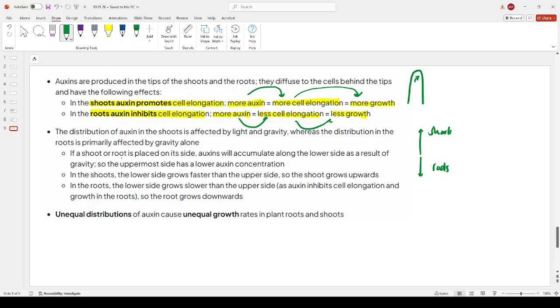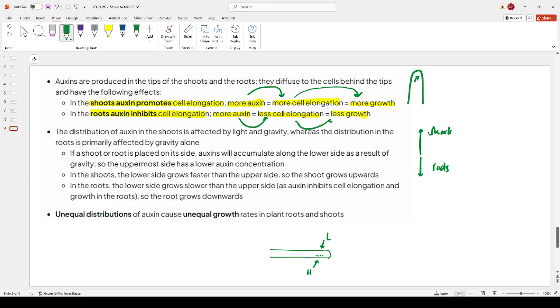So let's break that down. If a shoot or a root is placed on its side, auxins will accumulate along the lower side. So these dots represent auxins, as a result of gravity. So the uppermost side has lower. So this is high and this is low.